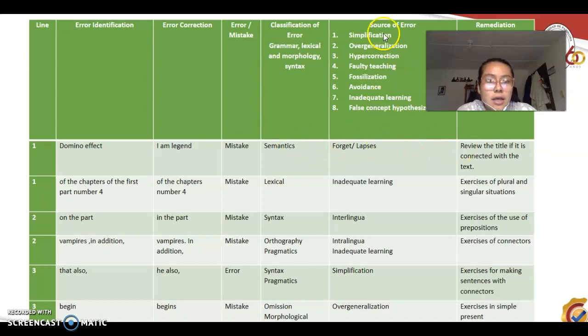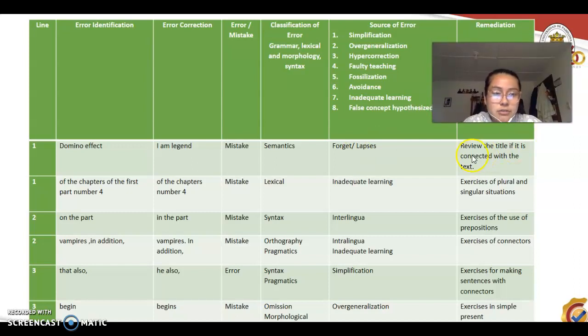So in this part, source of error, it can be forgetting or lapses. Maybe the student forgot or mixed the title. So in the remediation, the student has to review the title to see if it is connected with the text.